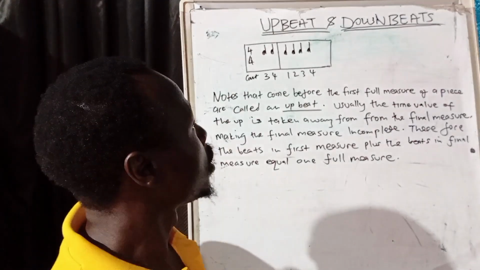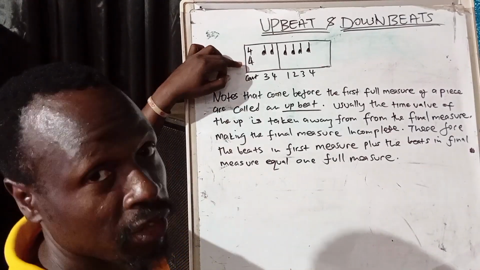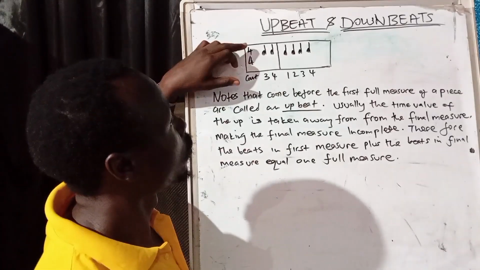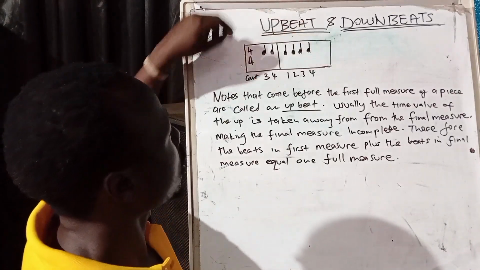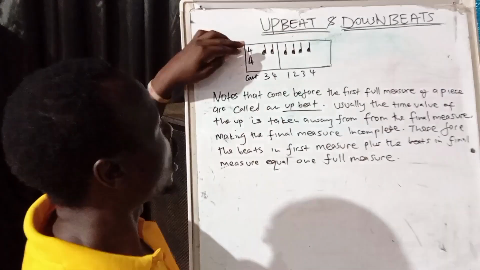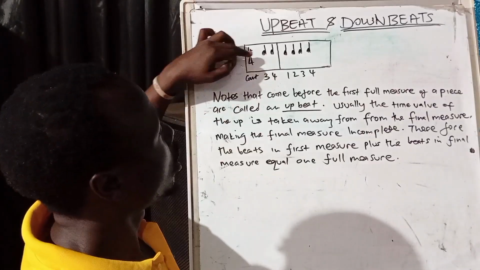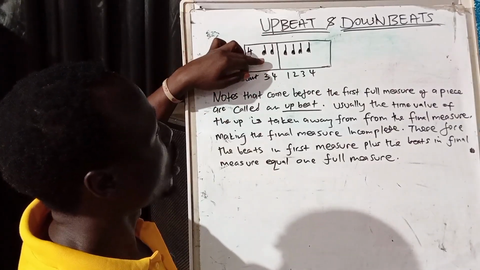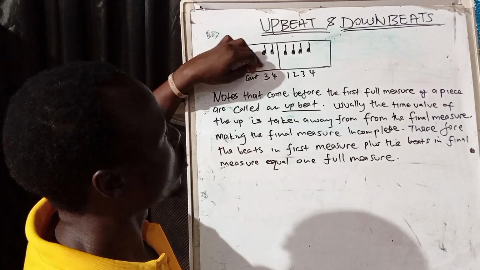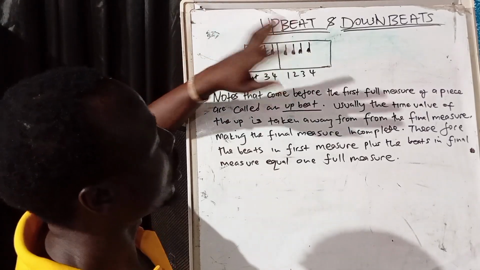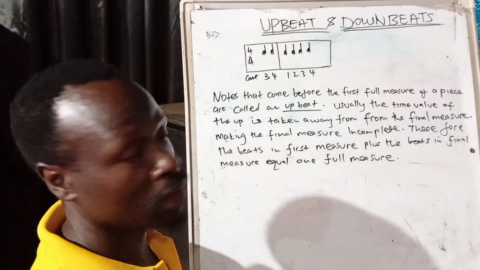What is an upbeat? Like you see, I've put down here my notes are in 4/4 time, and then I have two quarter notes beginning, then the other bar has 4 quarter notes.